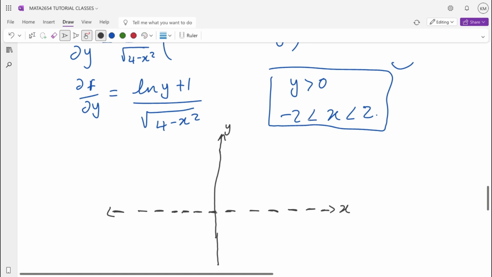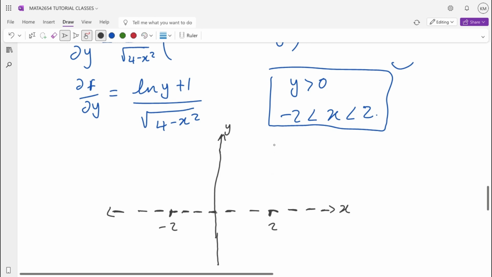So now we have accounted for this one. Now let's account for y greater than 0: all the y values that are greater than 0 are this side, going up like that. Now let's account for the second one, x between minus 2 and 2. Let's say my negative 2 is right there and 2 is here.